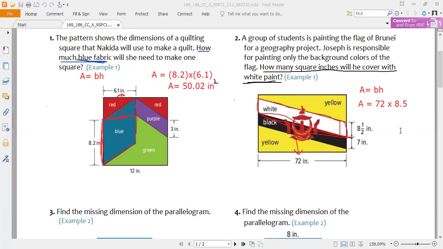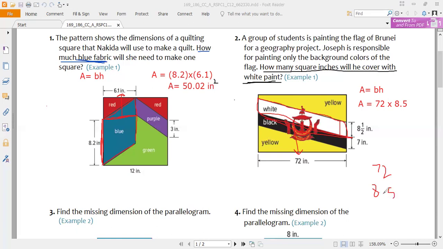You already discussed in grades 4 and 5 how to multiply numbers. And you have to keep in mind one thing: here there is only one decimal place. So when you find the answer, you will put the decimal according to the given decimal. So let us multiply 72 by 8.5.